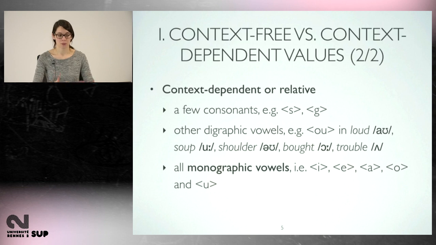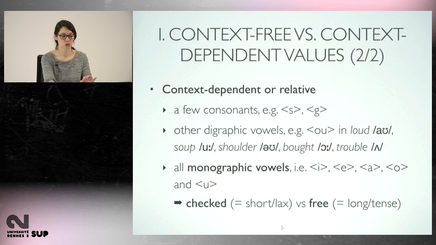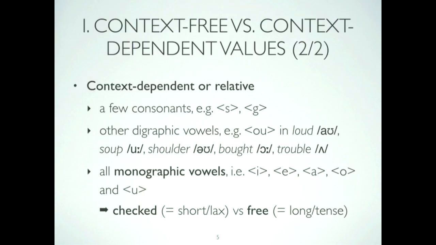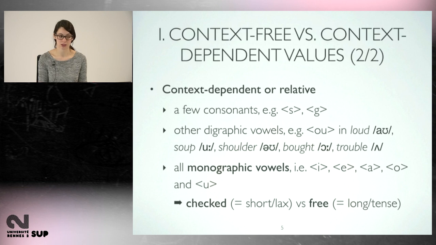They differ from digraphic vowels in that they always have two values, a checked value on the one hand and a free value on the other hand. So all monographic vowels have a checked value and a free value, whereas digraphic vowels usually have one basic value and sometimes a secondary value, but their basic value is always free.